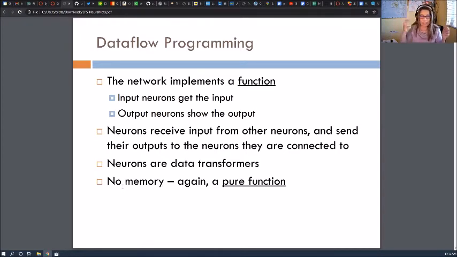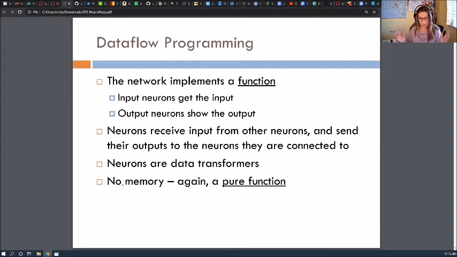It cannot, for example, like the traditional computer architectures, where we have a memory that we can store temporary values in, and then we can retrieve them back and add them back and stuff like that. There's no such thing in these networks, right? These networks are just a pure function. There's no memory to remember what happened before.